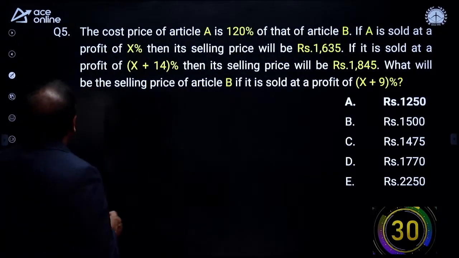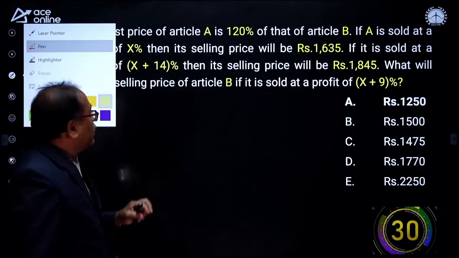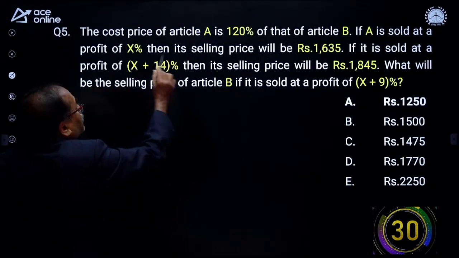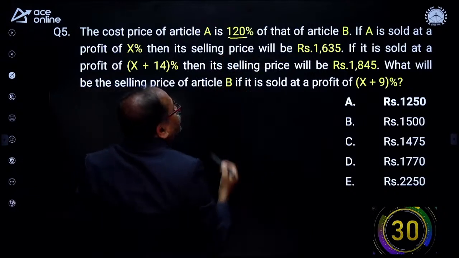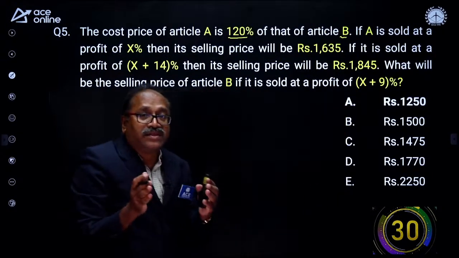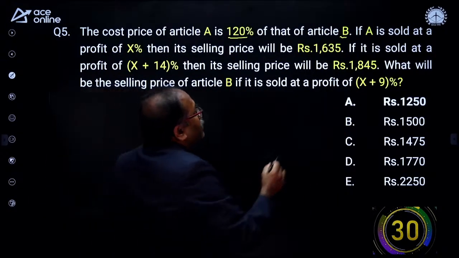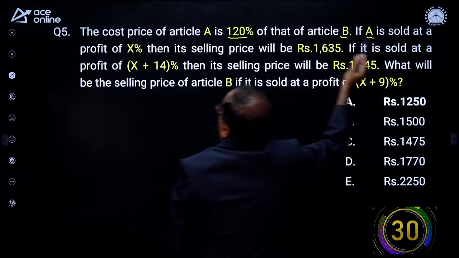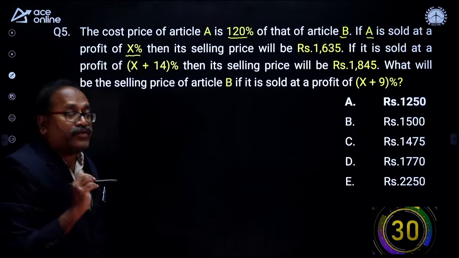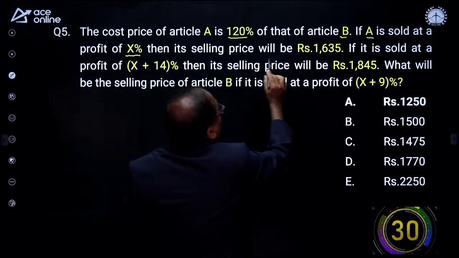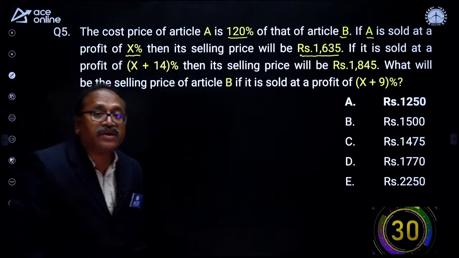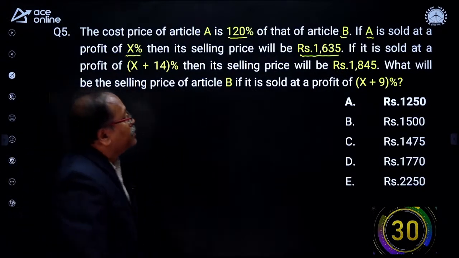See what the question is. Just have patience, some new questions, some quality questions we will be discussing here. The cost price of article A is 120% of that of B. That means we have the CP ratio. Next it says that A is sold at a profit of X%, and the selling price is 1635.